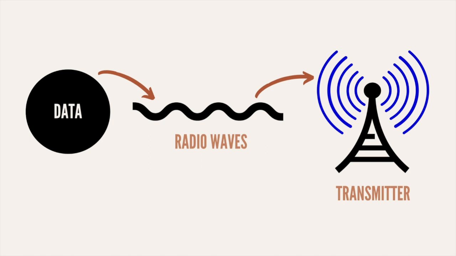Okay, so here in this diagram, the data which is present could be a song or any form of audio or images that travels through radio waves, and this process from data to radio wave is called modulation. And these radio waves go to the transmitter and then travel to farther distances, and this second process is called transmission. So this is the simplified idea of these two terms.